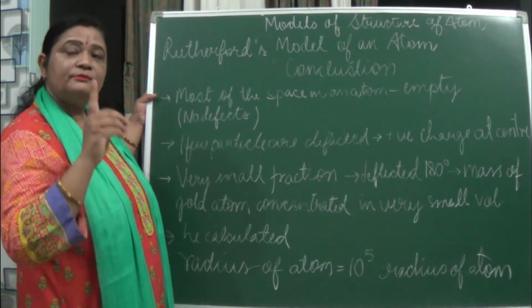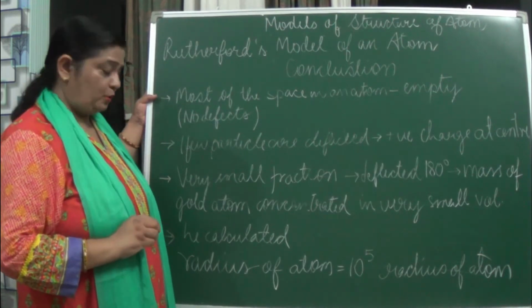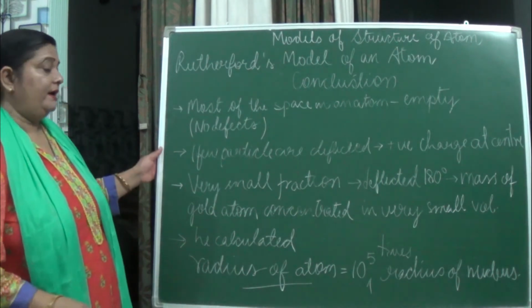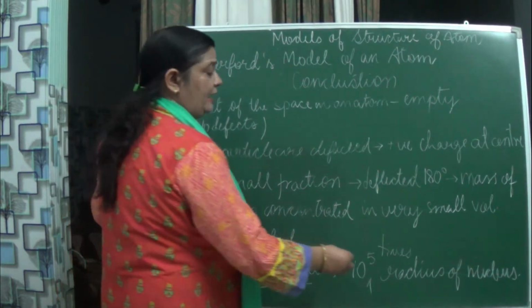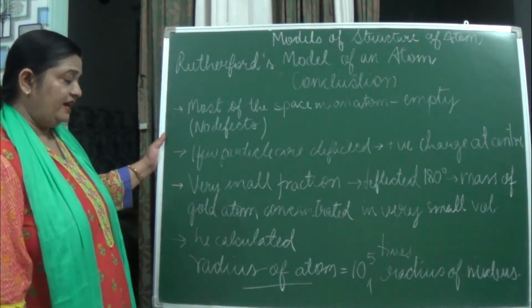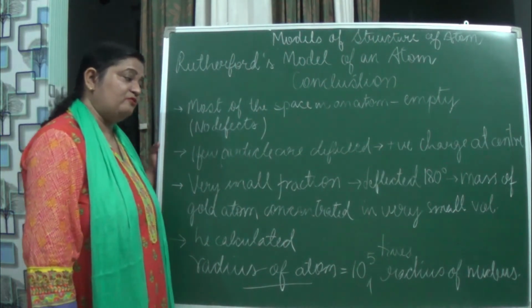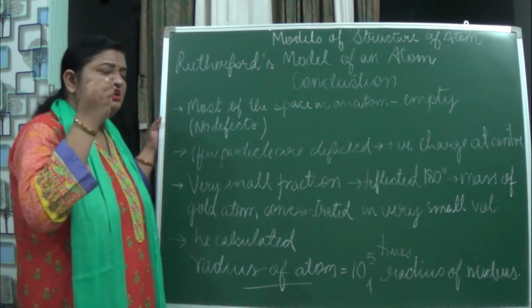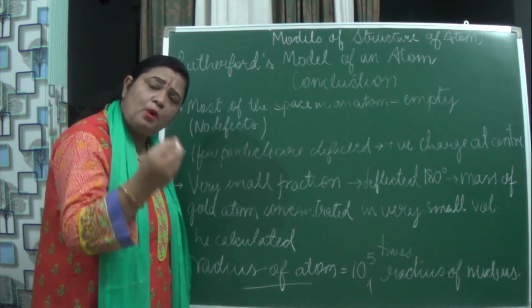He named it nucleus, consisting of protons. He calculated the radius of the atom and he said it is 10 to the power 5 times the radius of the nucleus. So the radius of the atom is 10 to the power 5 times the radius of the nucleus. It means the nucleus is very, very small.